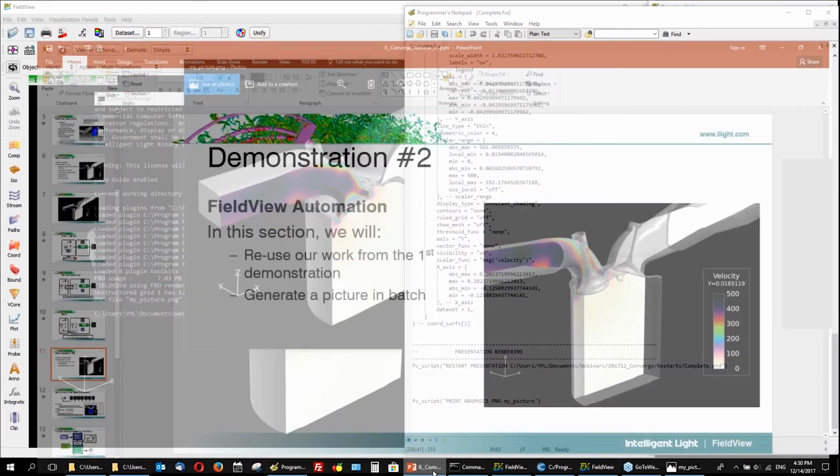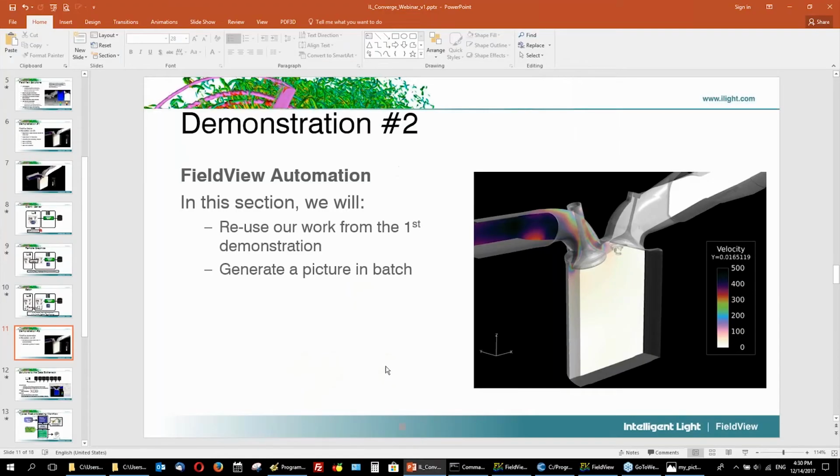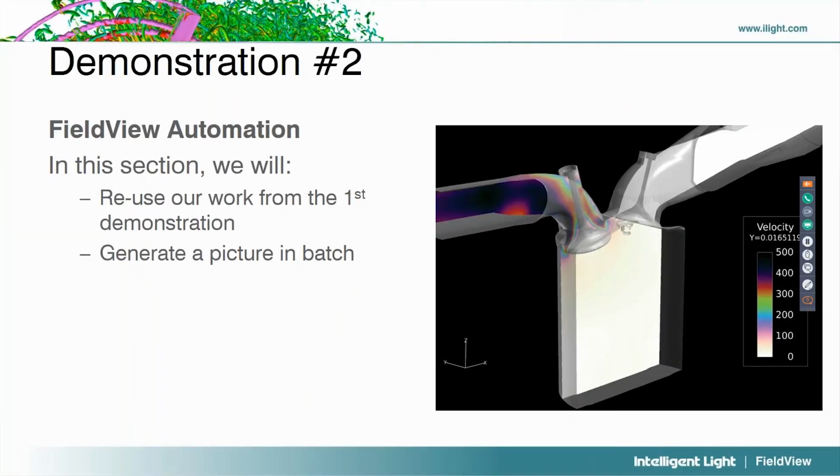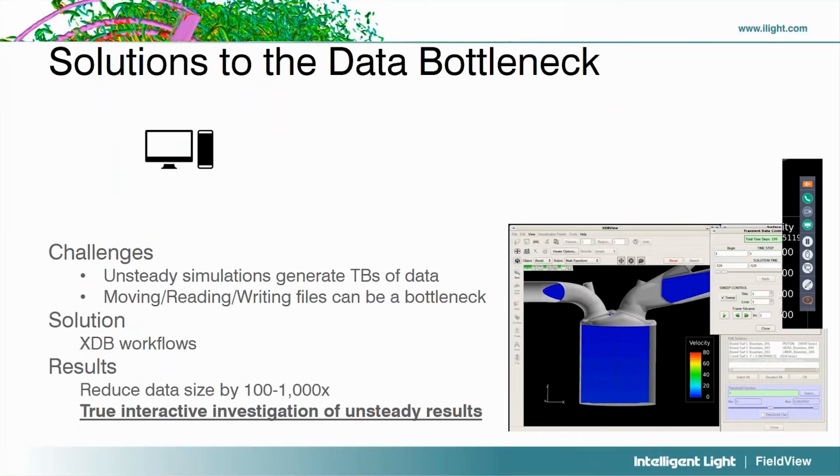All right, let me go back to one more slide over here before we move on to the last section of our demonstration. Now I want to have a more specific look at one of the challenges we see, especially for people running Converge.